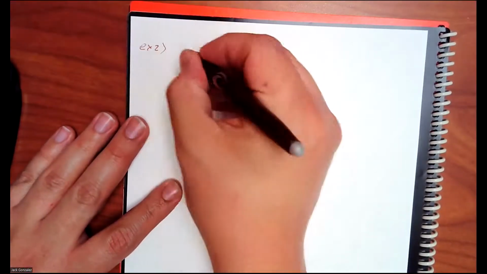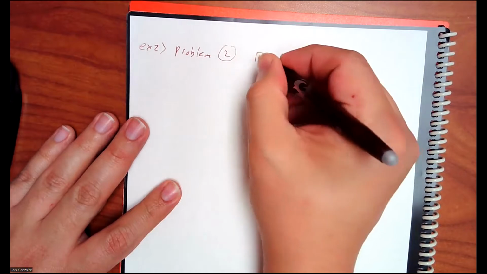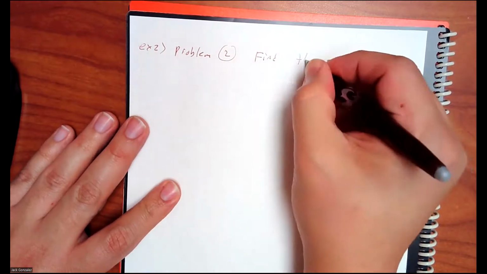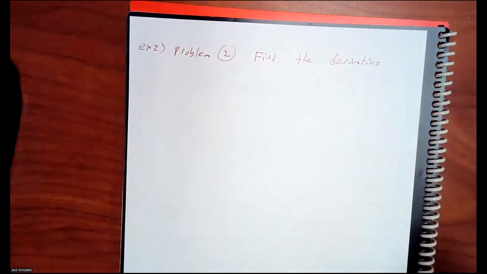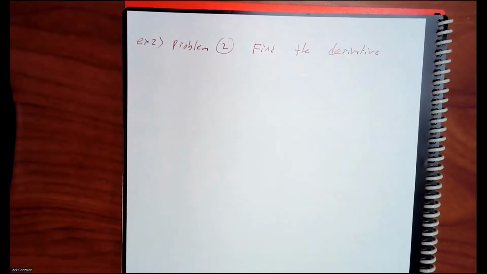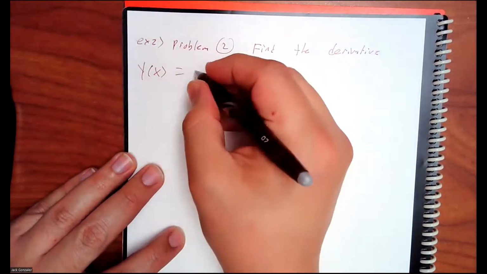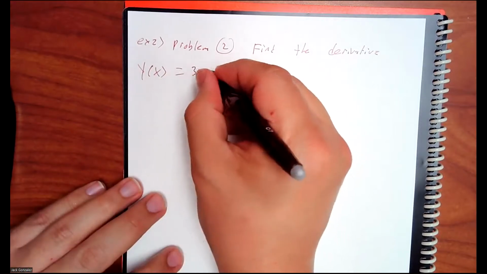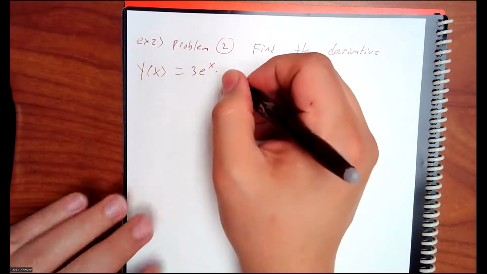Example 2, problem 2. Find the derivative. So we'll call it y. So y of x is equal to 3e to the x times, what was it, cosine?